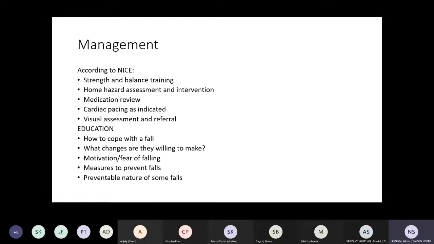Motivation regarding fear of falling, as I told you, fear of falling causes even more falls. And explaining the measures to prevent falls, how they could use equipment to prevent falls. Some falls, like mechanical falls, could be totally preventable, and it is very important to educate elderly people about that.